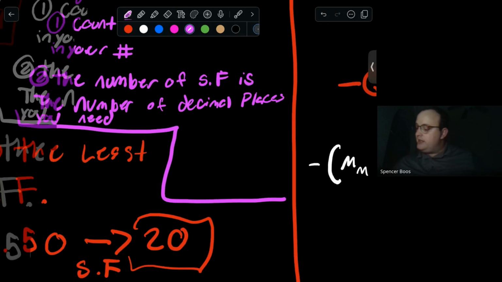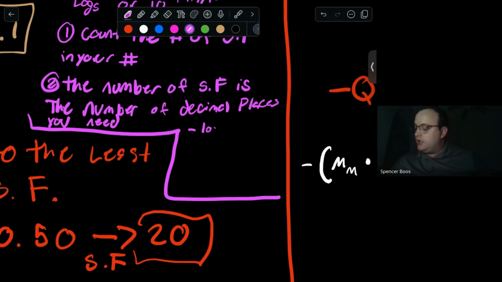Let's say I'm taking the negative log of 2.3 times 10 to the negative third. All I do is I plug this into my calculator.